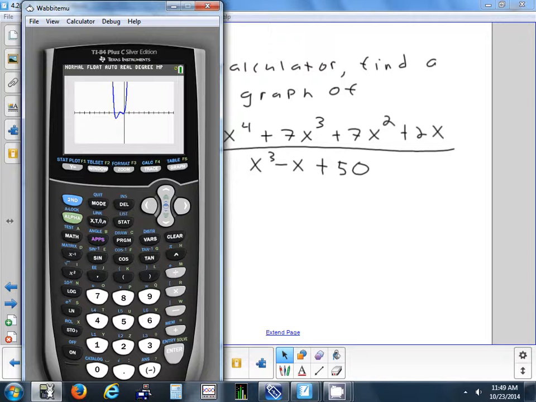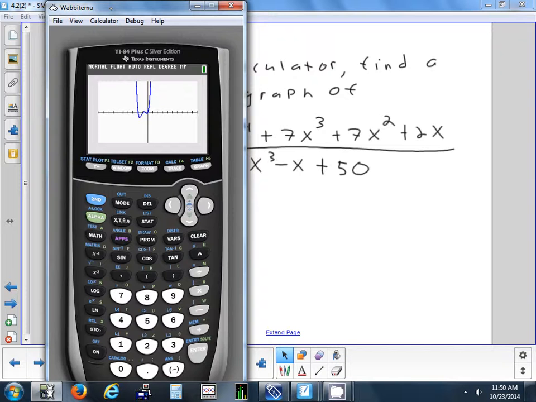Now I'm really starting to see something. So my point here was, if you see something that looks really flat for a long time, it probably isn't. So in this case, if I asked you how many times it crosses the x-axis, I think it's 1, 2, 3, 4. But I'd have to zoom in even a little bit more to probably confirm that. But it looks pretty close to 4 times to me. So be careful of what I call hidden behavior. Can't really see it in a standard window. Okay? And that's all I wanted to show you for that problem.